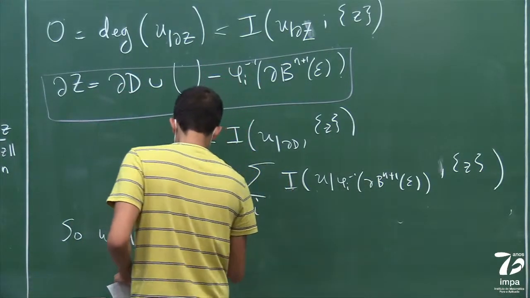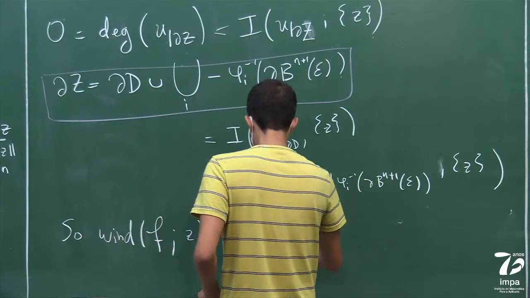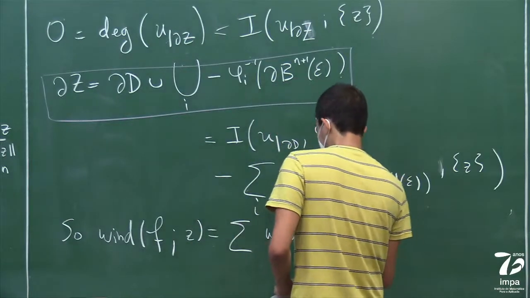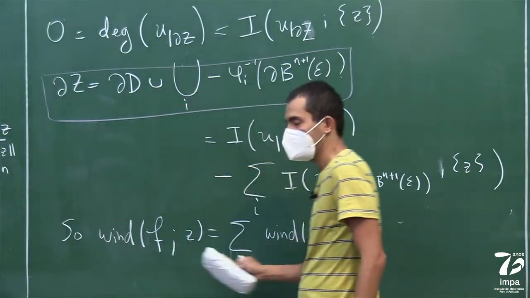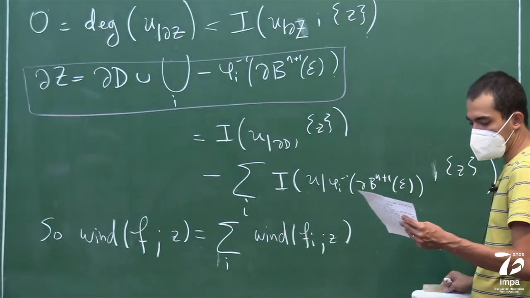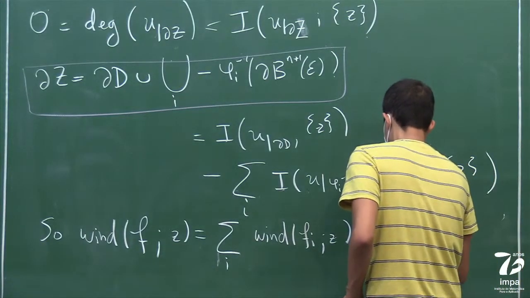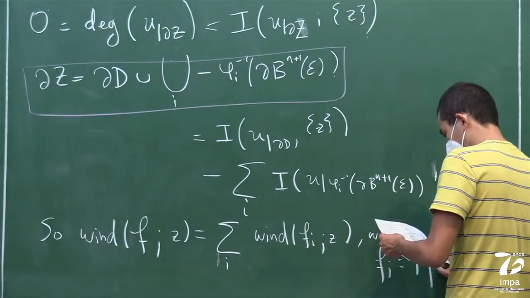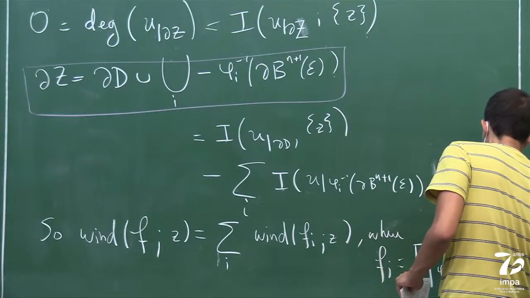So the winding number of F with respect to Z is equal to the sum of the winding numbers of what you could call Fi restricted to Z, where Fi is just this other map, where Fi is just capital F restricted to this boundary of the ball.